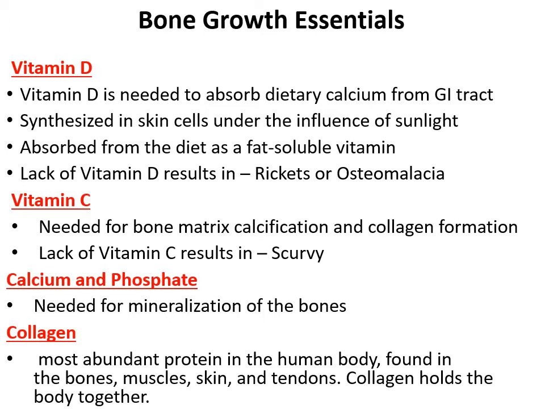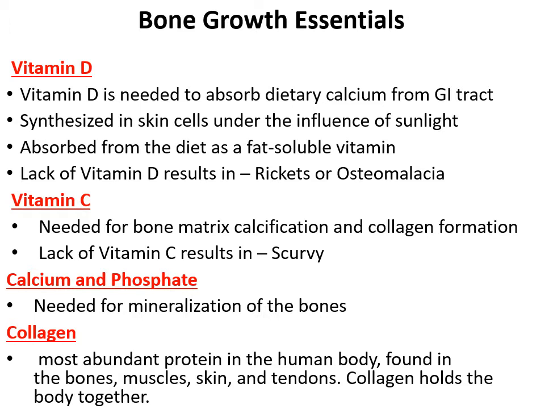Calcium and phosphate, well, they mineralize the bones, right? So calcium homeostasis, remember, is with the parathyroid glands, which, if the calcium is low in your bloodstream, parathyroid hormone can be secreted to help reabsorb calcium from the kidneys.